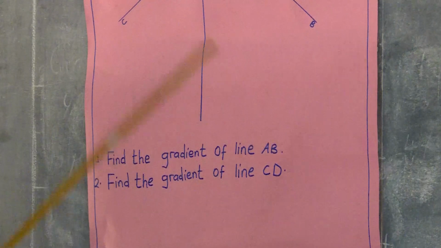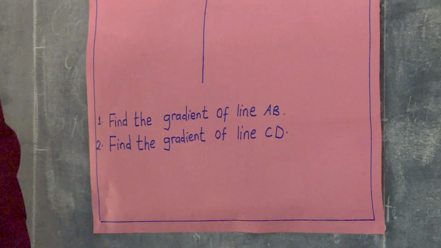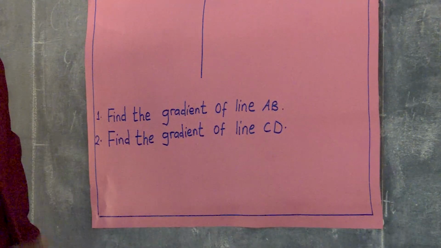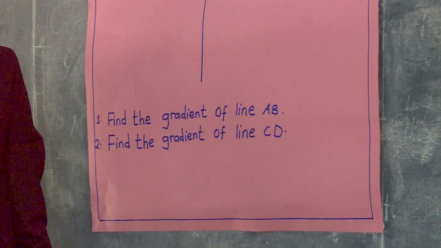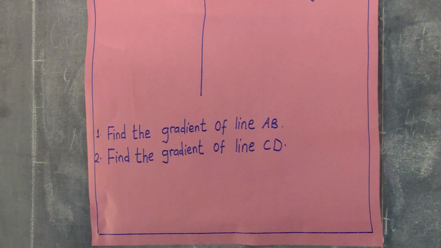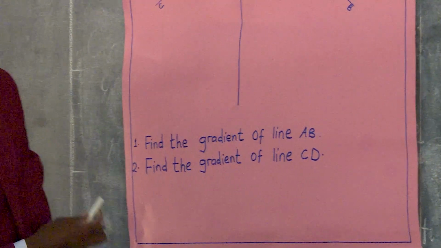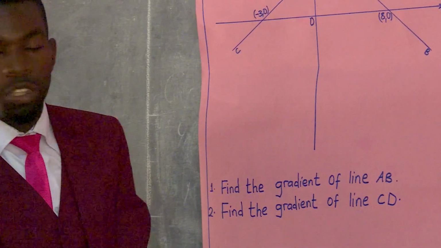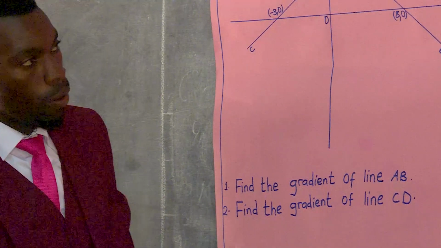So when we are given in a diagram form, the process is just the same, the way we calculated those two examples. So we go straight. The first one was saying, let's find the gradient of line AB. So please we go to the formula.